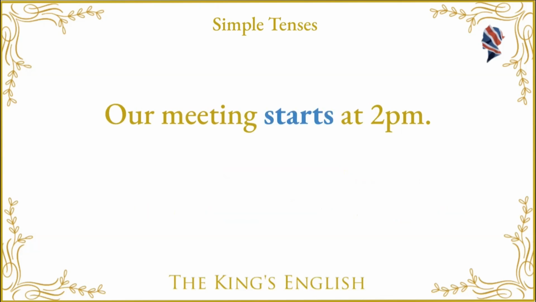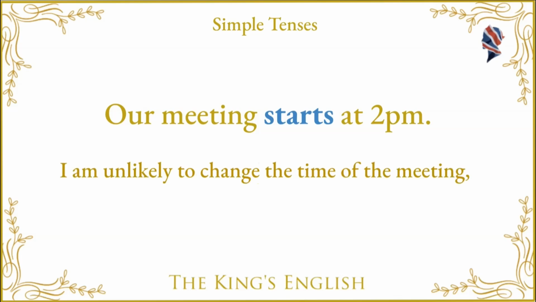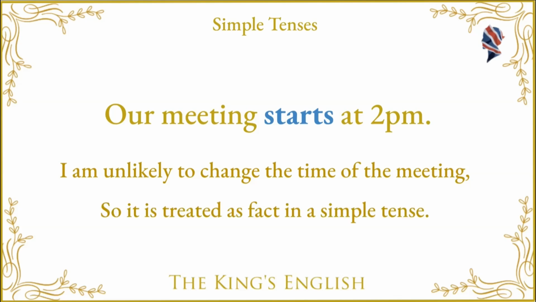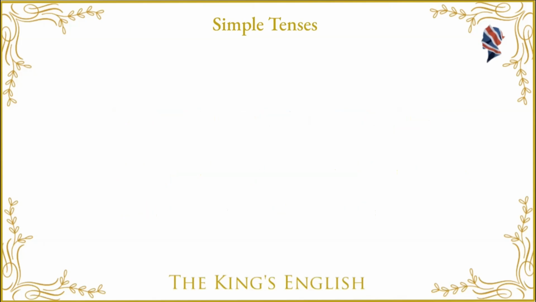Our meeting starts at 2 p.m. Present simple for future. Scheduled event. I am unlikely to change the time of the meeting, so it is treated as fact in a simple tense. Past simple.